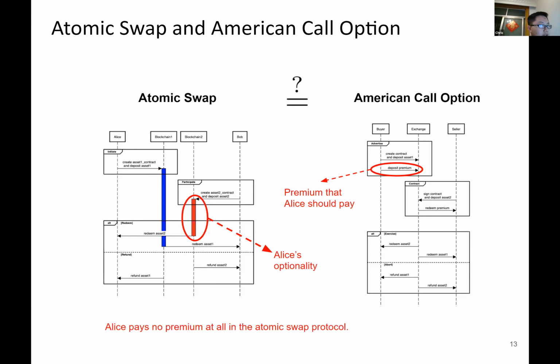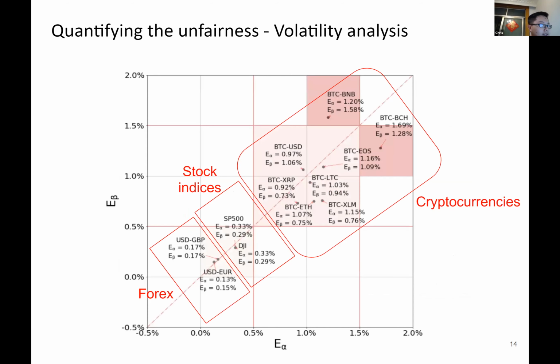In our paper, we quantified the unfairness by analyzing the volatility. We collected data from March 5th, 2018 to March 5th, 2019. So that is 1 year of data, including 8 pairs of cryptocurrencies, 2 pairs of foreign exchange, and 2 stock indices.